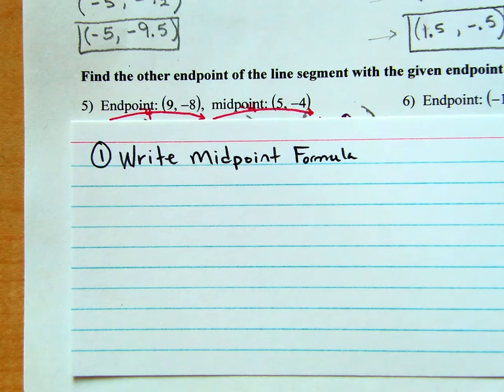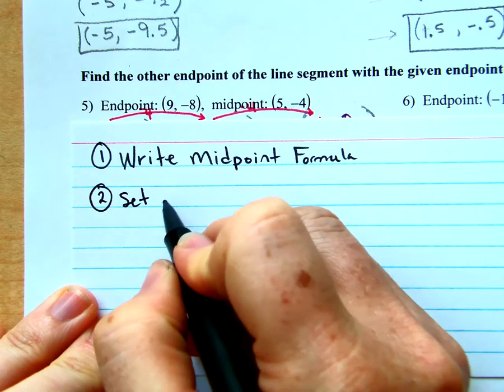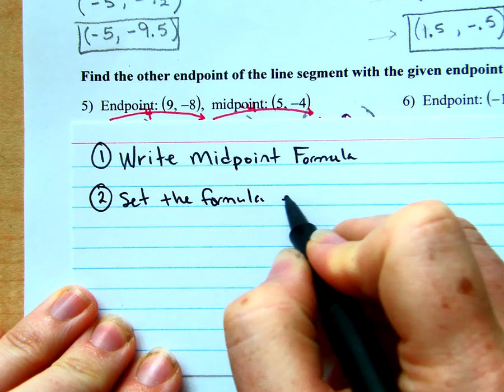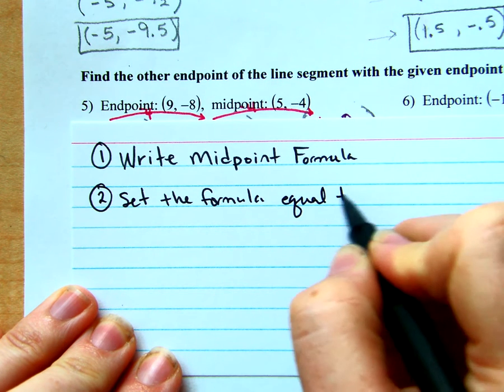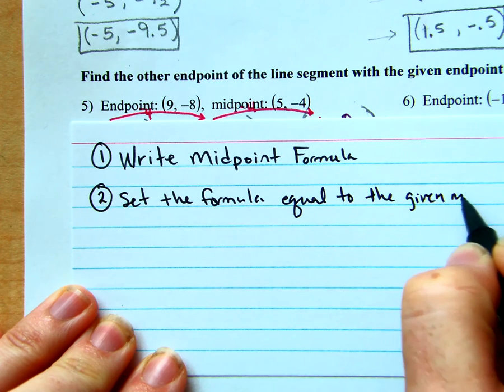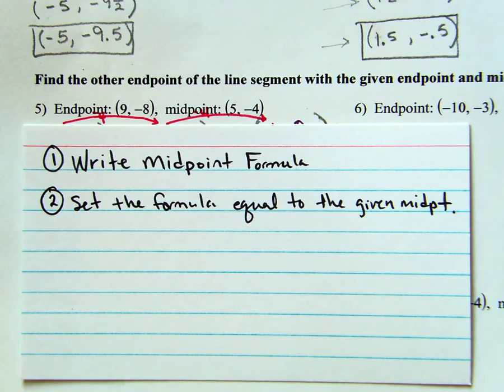And after I get my midpoint formula down, I can set the formula equal to the given midpoint. Right? I can set the formula equal to the given midpoint.